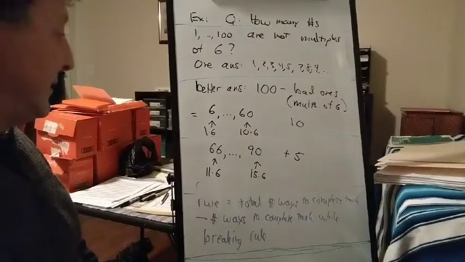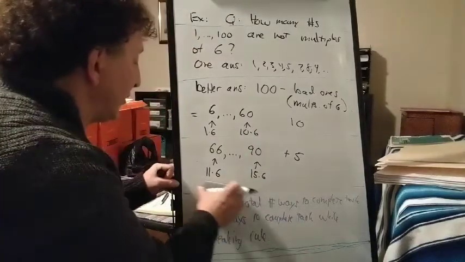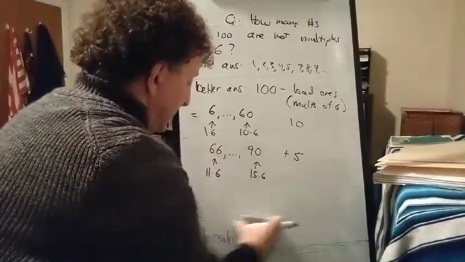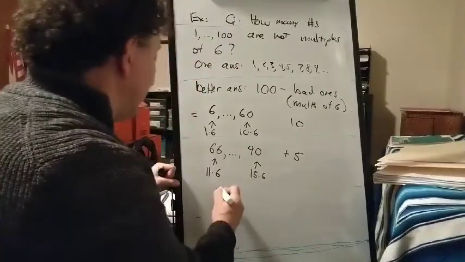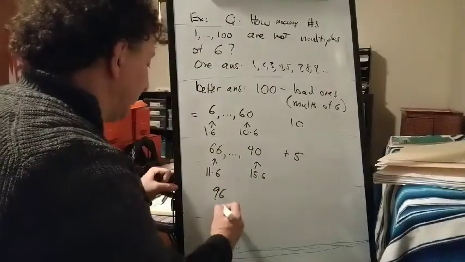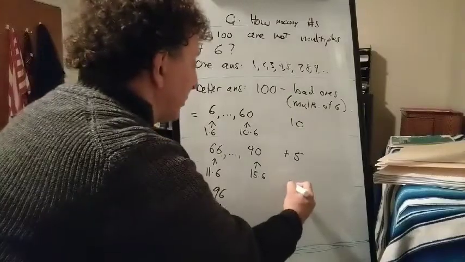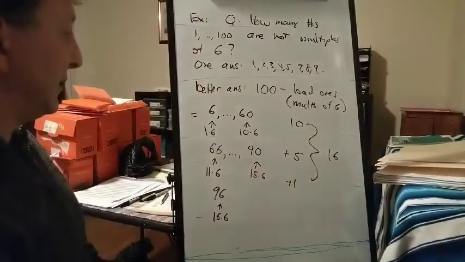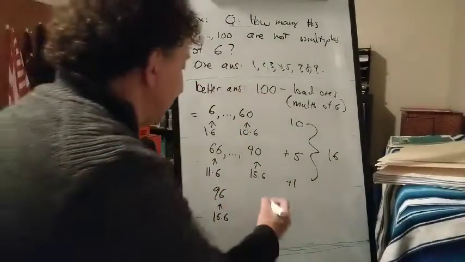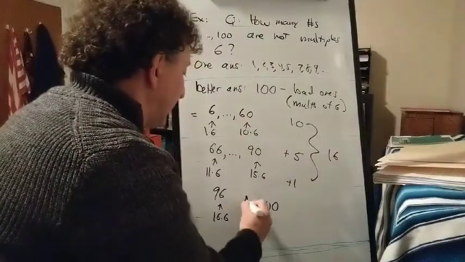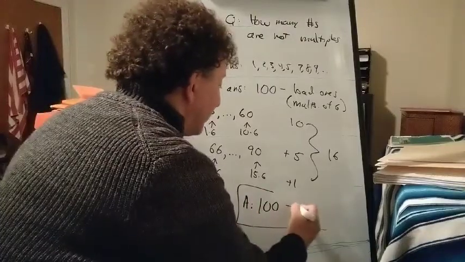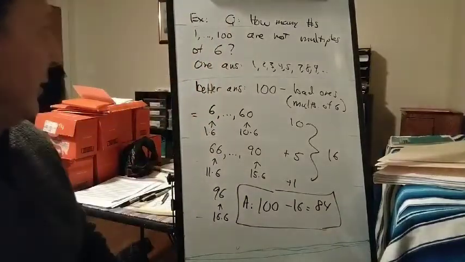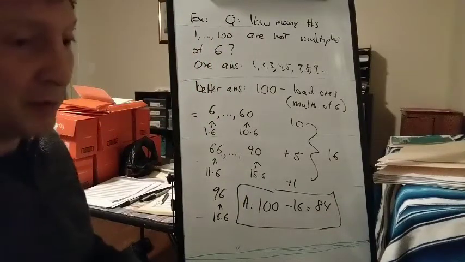And then 96 is the next one, and then 102 is too big because we're only looking at numbers between 1 and 100. So 96 is 16 times 6, so plus 1. So there's 16 multiples of 6 in there. So our answer is 100 minus 16, which is 84. 84 numbers between 1 and 100 are not multiples of 6.